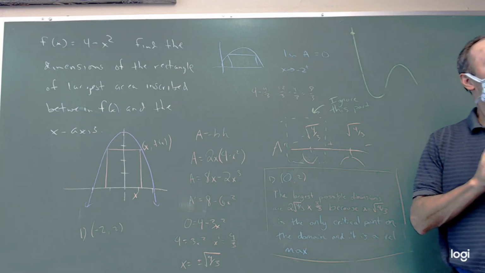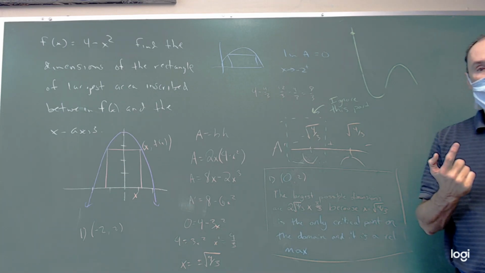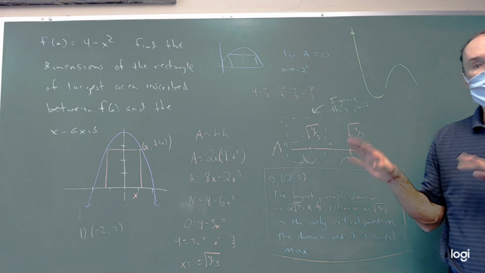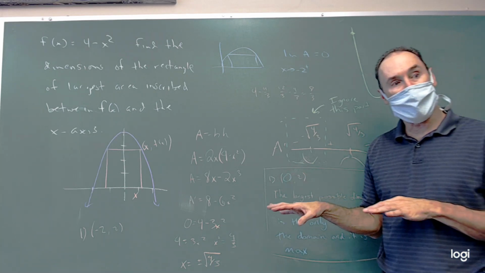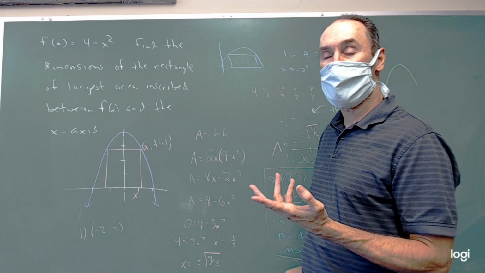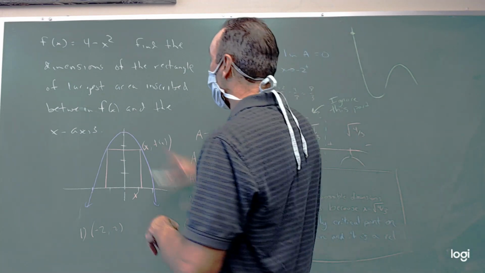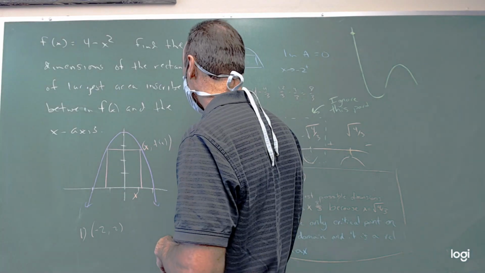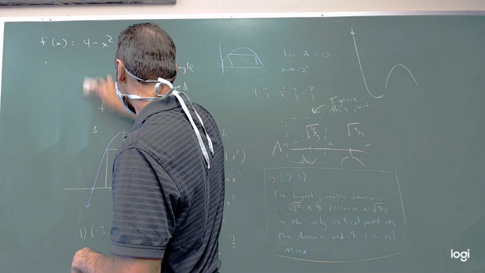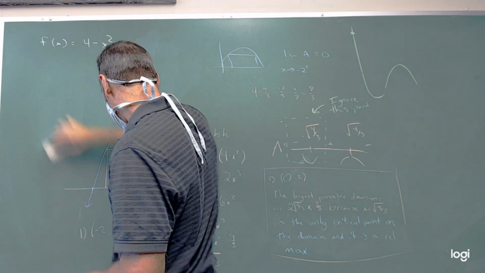Okay? All right, so let's change the problem here. It's going to look kind of similar, but instead of inscribing a rectangle, we're going to find the minimum distance to a point. So still we're going to use f of x equals x squared, but let's find the point.